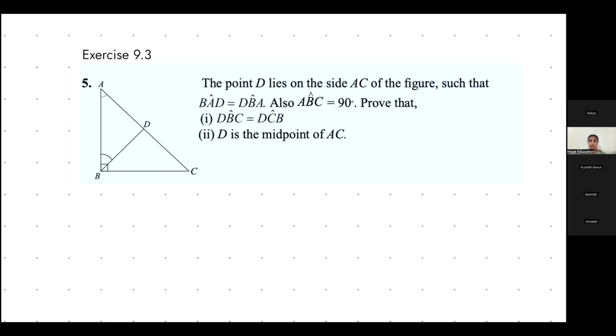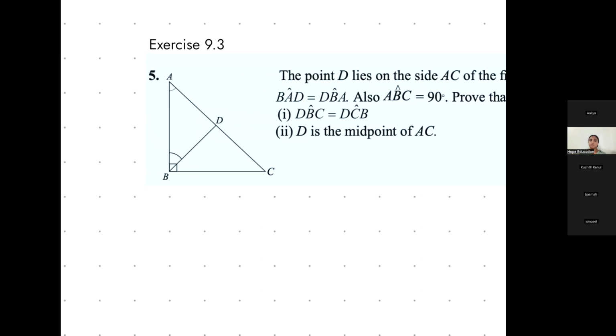Ismail has finished. Maria, one more minute. What about the others? Alia, Basma, Jevindu, Kushit, Zuha. Alia done. Kushit done. Jevindu done. Zuha done. Okay, I'll wait one more minute and then we'll start the discussion.